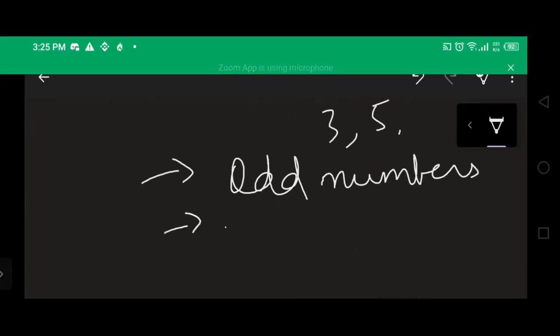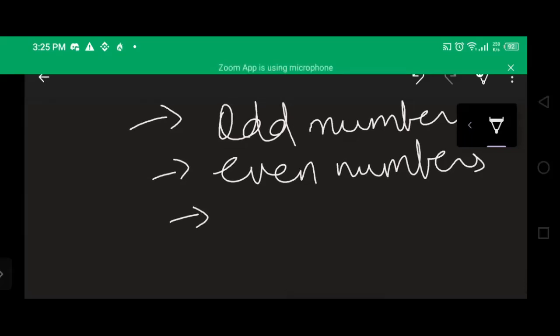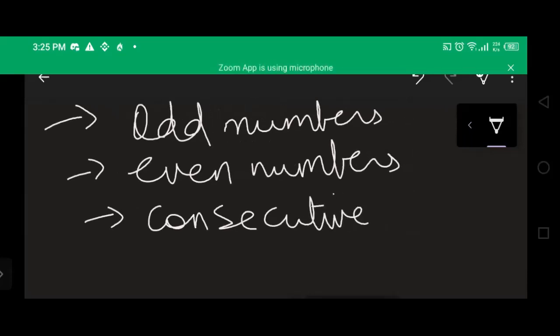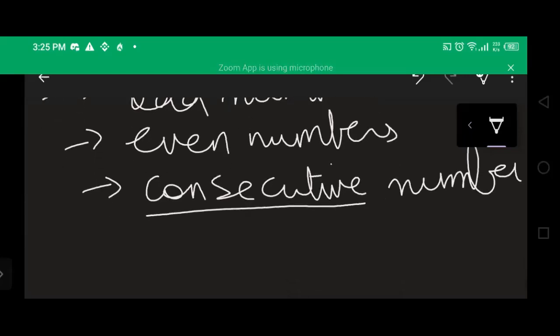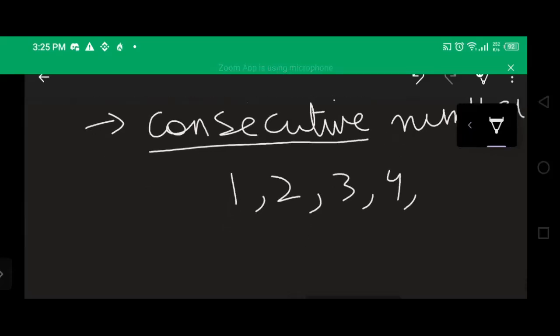Even numbers? 2, 4, 6, 8, 10, 12, 14, 16, 18, 20. Consecutive numbers? No idea. Consecutive means one after another. Like after one you have two, after two you have three, then four. I thought consecutive had another meaning.